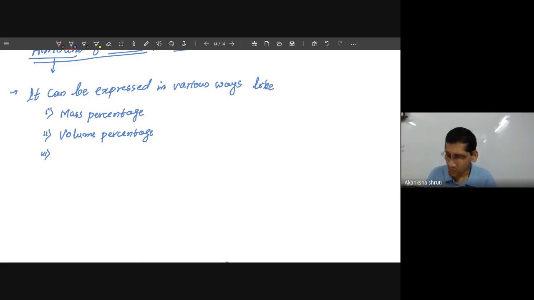One is called the mole fraction: how much mole is there. The other one considers the mole per unit volume, or per liter of the solvent or solution, called molarity.